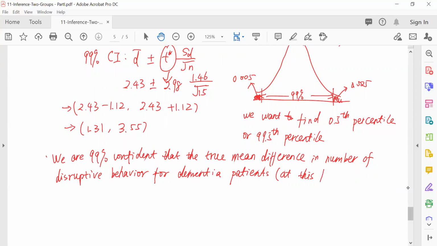As I've mentioned, you have to be careful when you are trying to make a conclusion about the entire population. It is somewhere between 1.31 and 3.55.